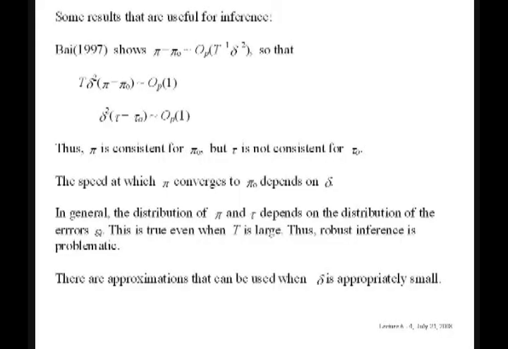Okay, so I'm going to try and skip most of the algebra that is in Jushan's paper, and yet I'm going to try and work out the methods for doing inference about break dates.